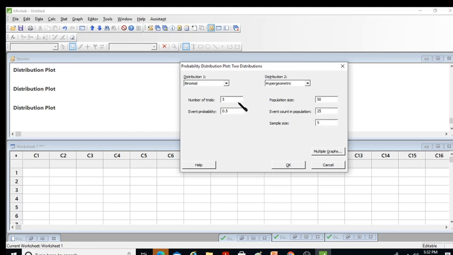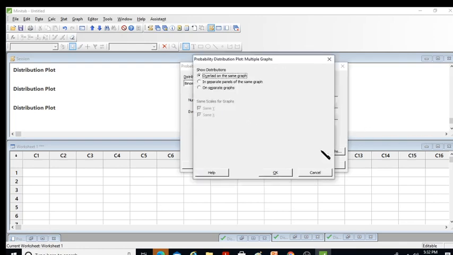So both have the same sample size. If I say multiple graphs, I want to see these graphs in separate panels of the same graph with the same x and y.